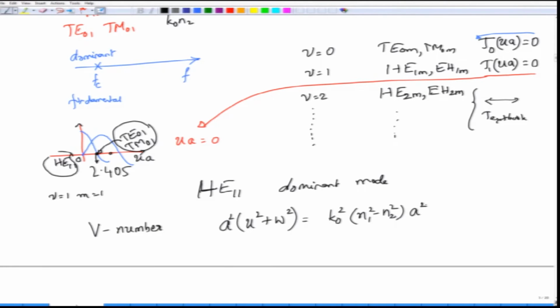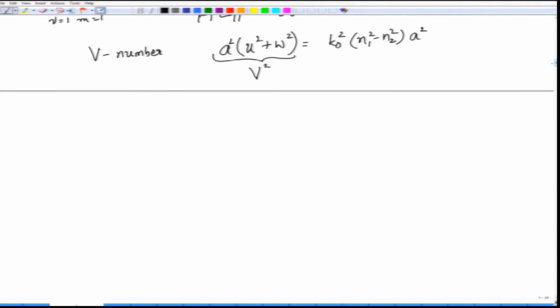Okay. So, you get a square, and then call this expression V square, so that you get V is equal to k0 a square root of n1 square minus n2 square, but I know that this square root of n1 square minus n2 square is nothing but the numerical aperture. So, I can write this as k0 a into numerical aperture. Okay.